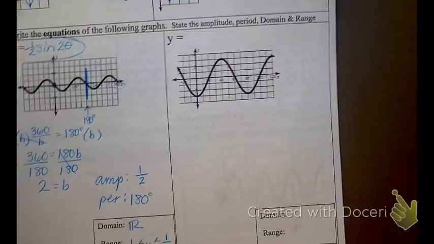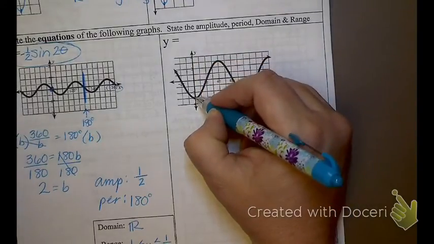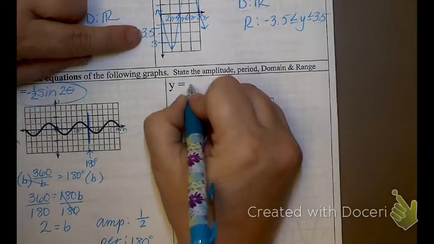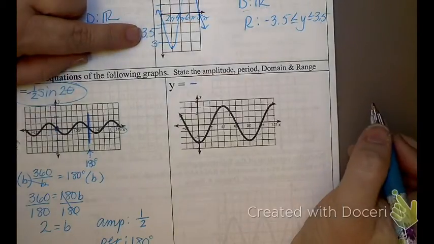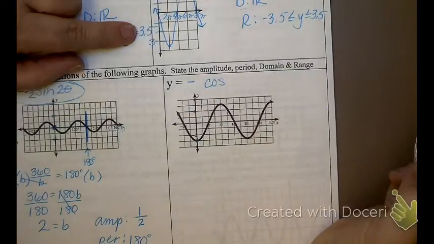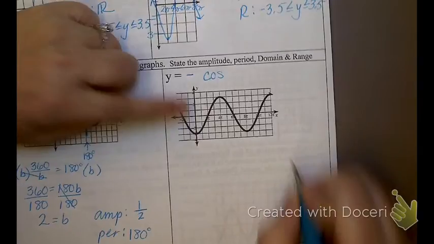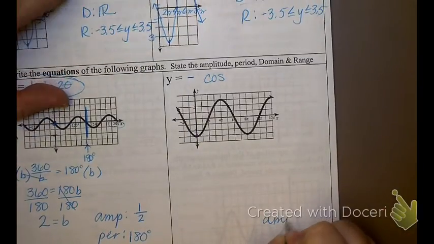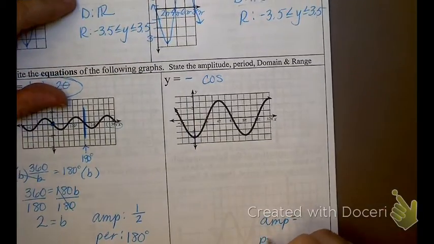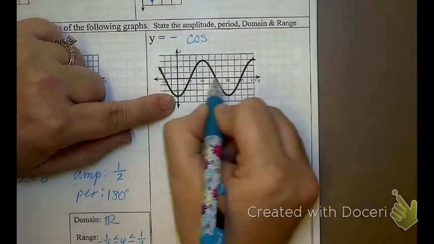And the last one, starting again at the y-axis. I'm at the bottom, which means that I have a negative in front of my amplitude. And it also means that I have a cosine graph because I'm starting at the bottom instead of the middle. So, if we're talking about amplitude and period. My midline looks like it's still the x-axis.